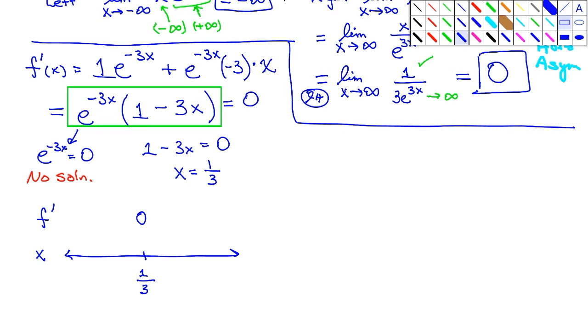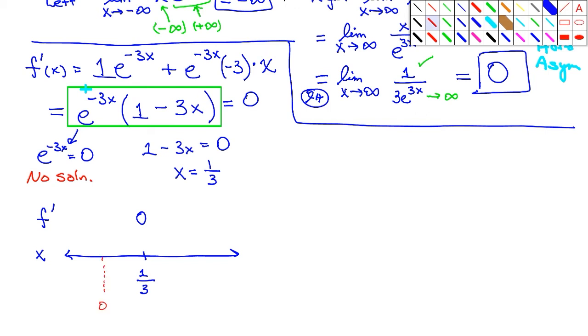And the only thing we really need to test in is the polynomial part, because we know that e to the negative 3x power is always positive, because it's an e to a power. So the only thing we want to test is 1 minus 3x. I'm going to test at 0.